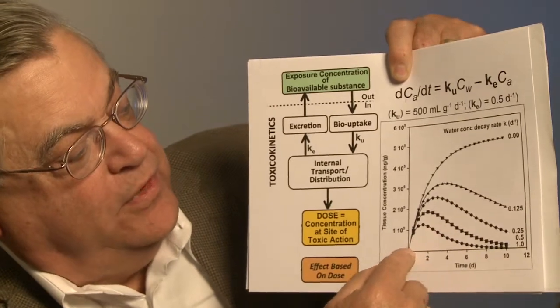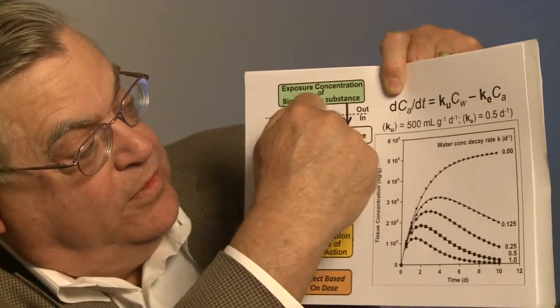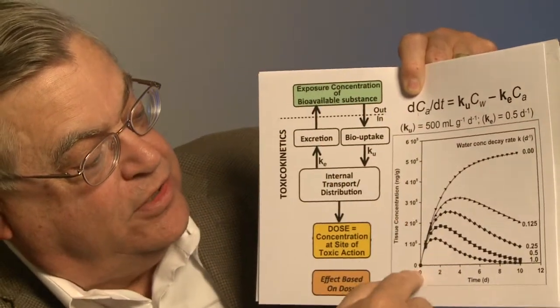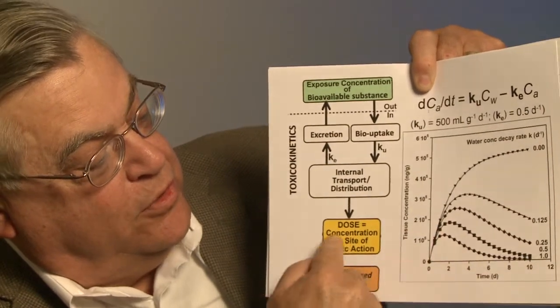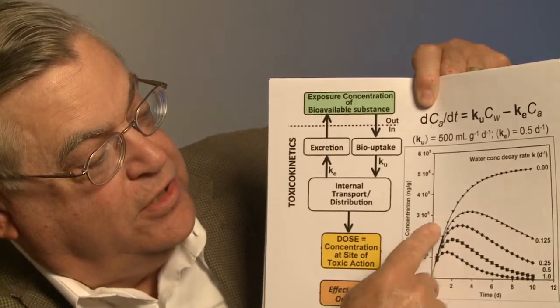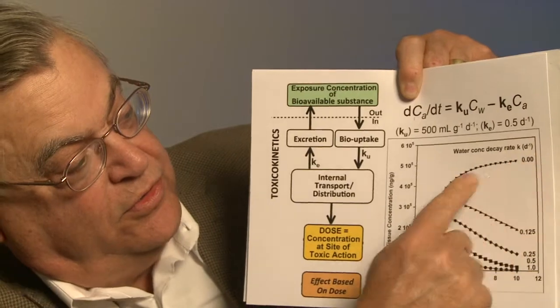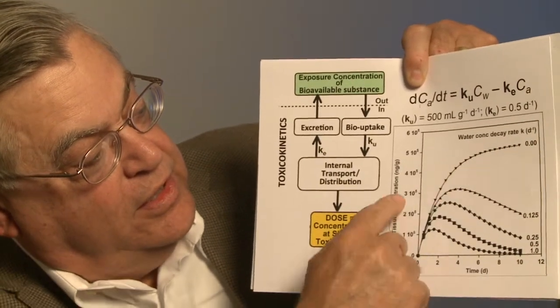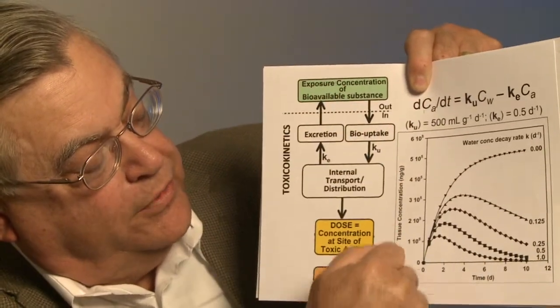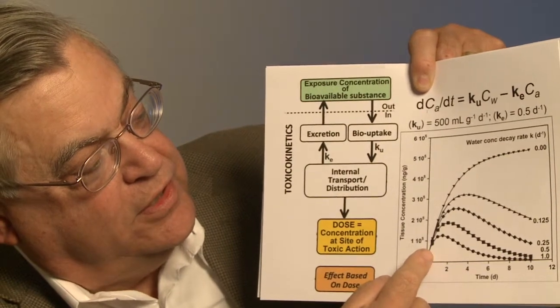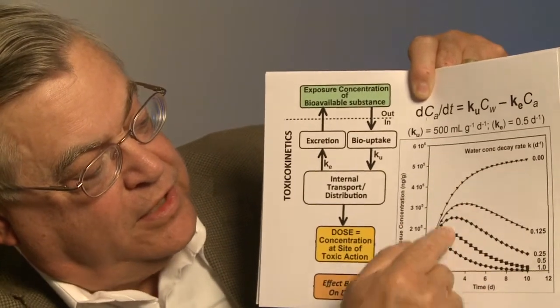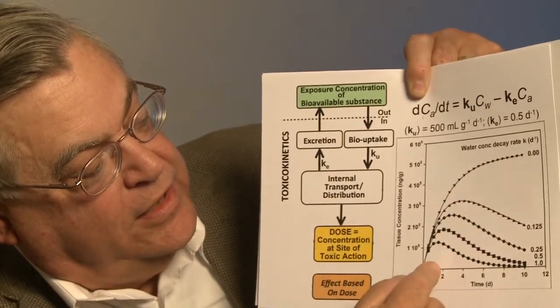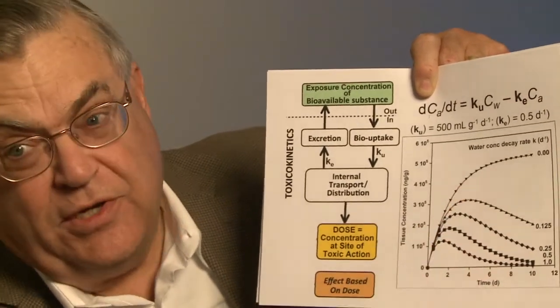So if you have a constant water concentration, your tissue concentration reaches a steady state, which is this curve here. For different rates of decline in water concentration, you have different peak concentrations, and they occur at different times in the tissue.